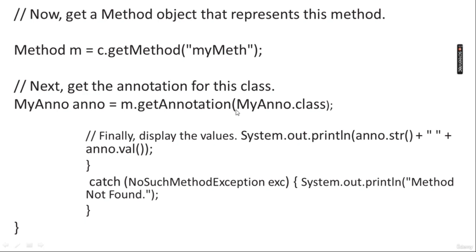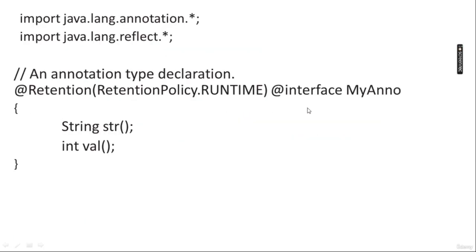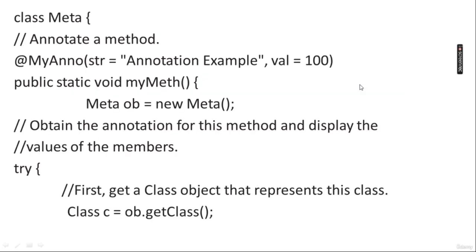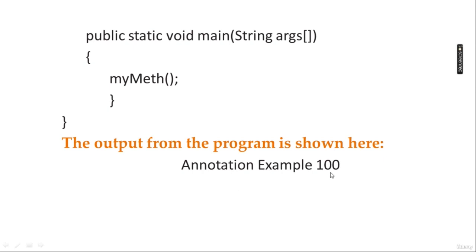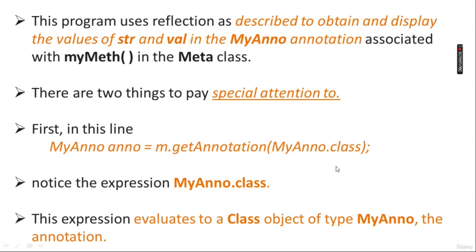Then m.getAnnotation(MyAnnotation.class). Its annotation I am acquiring and storing into annotation, and annotation.string and annotation.value will be displayed: annotation example and 100. Annotation string is annotation example and annotation value is 100.